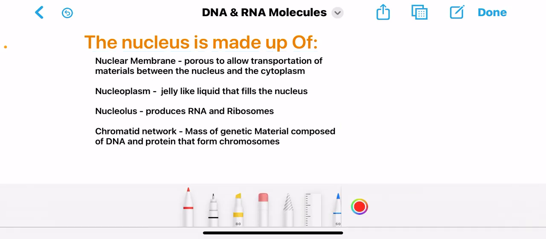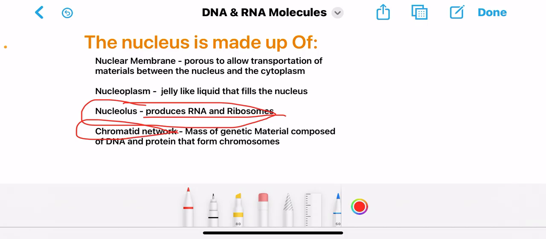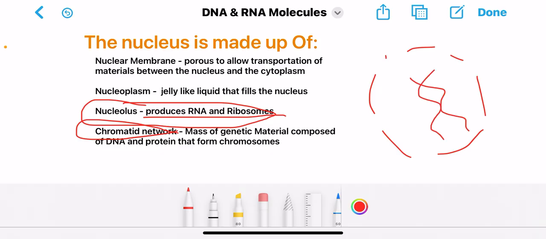So we also have the nucleolus, which produces RNA and ribosomes. We also have the chromatin network. As I told you before, within the nucleus, we have an entangled mass of hereditary material.